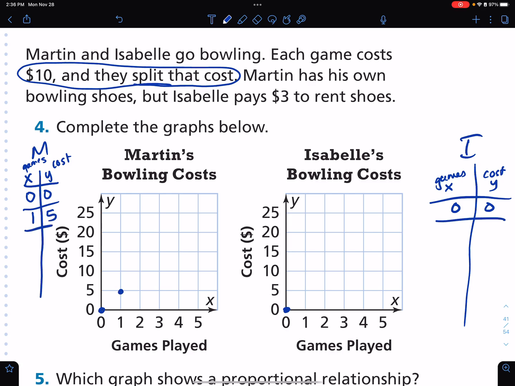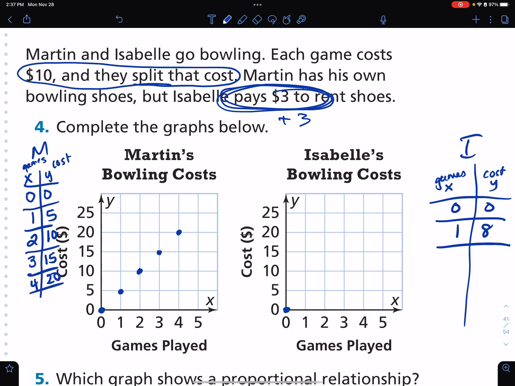But if she plays 1 game, she has to pay the $5 plus $3 to rent shoes, so that will cost her $8. If he plays 2 games, it's 5 plus 5, which is 10. So I'm going to plot that point. And let's just show that his keeps going. Okay, so his only increases by 5 each time he plays a game.